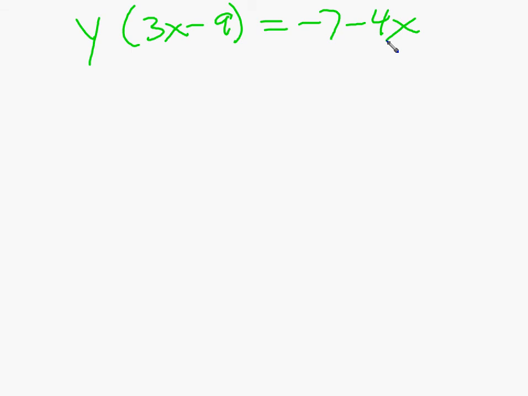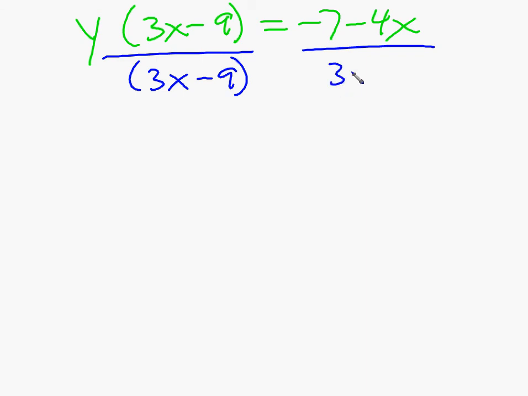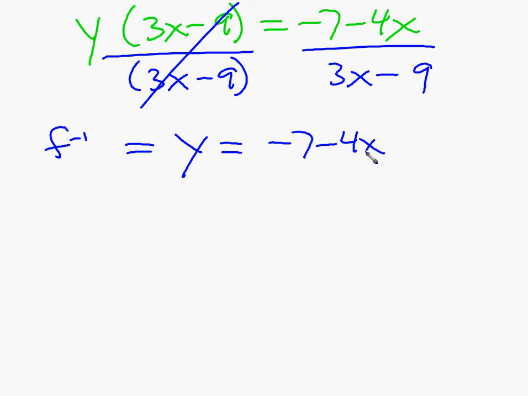I'm going to divide both sides by this entire quantity, 3x minus 9. On this side it goes away, and now I'm done. This is the inverse function: (negative 7 minus 4x) over (3x minus 9).